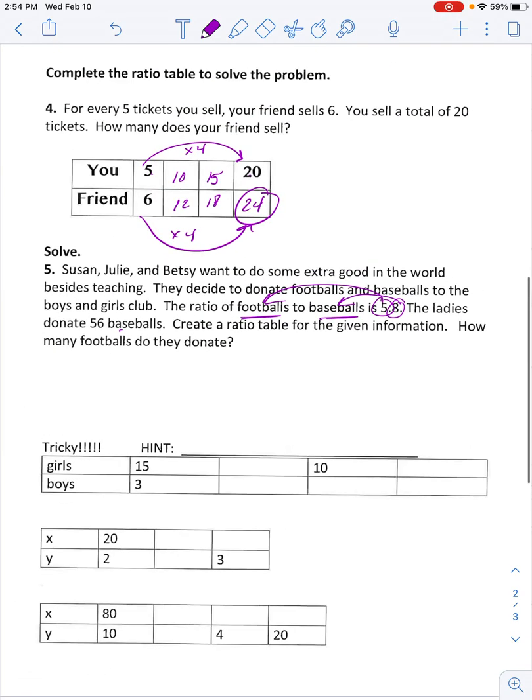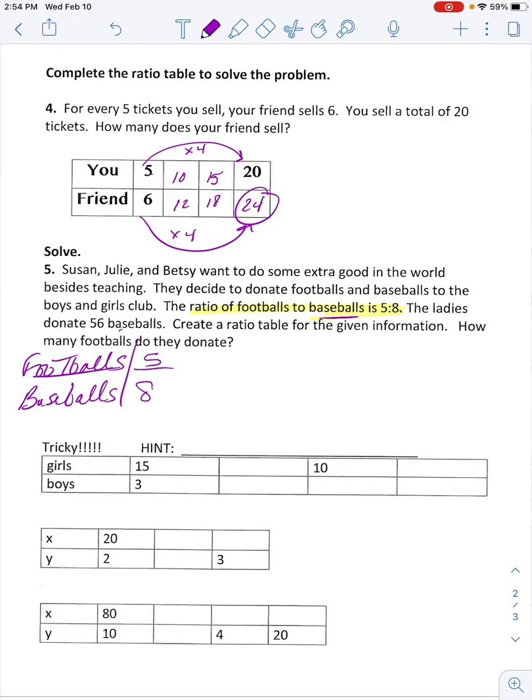Okay, so we're going to create a ratio table. So we have footballs to baseballs. Let's start with what we know. For every 5 footballs we donate, 8 baseballs we donate.